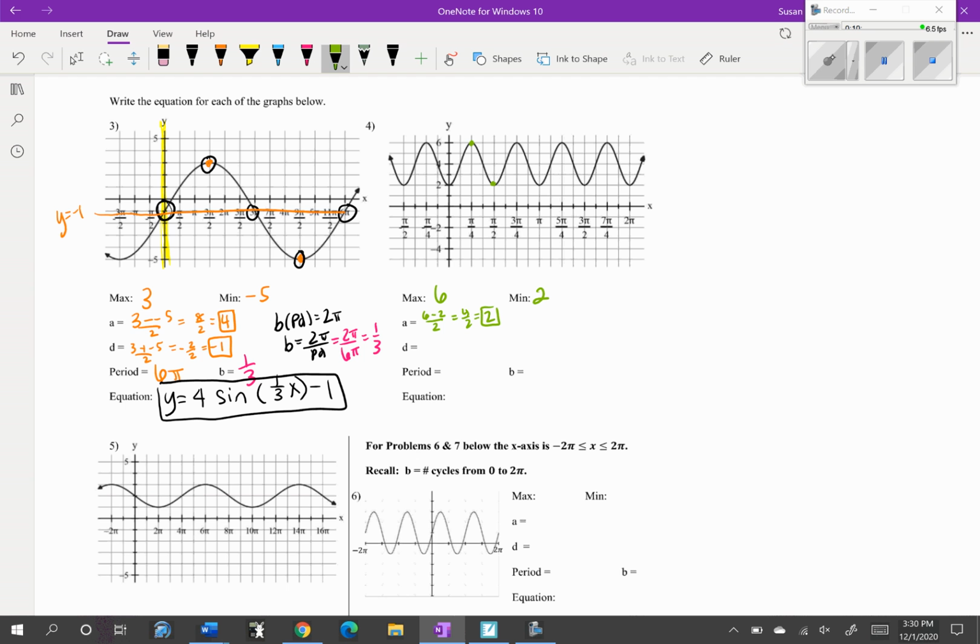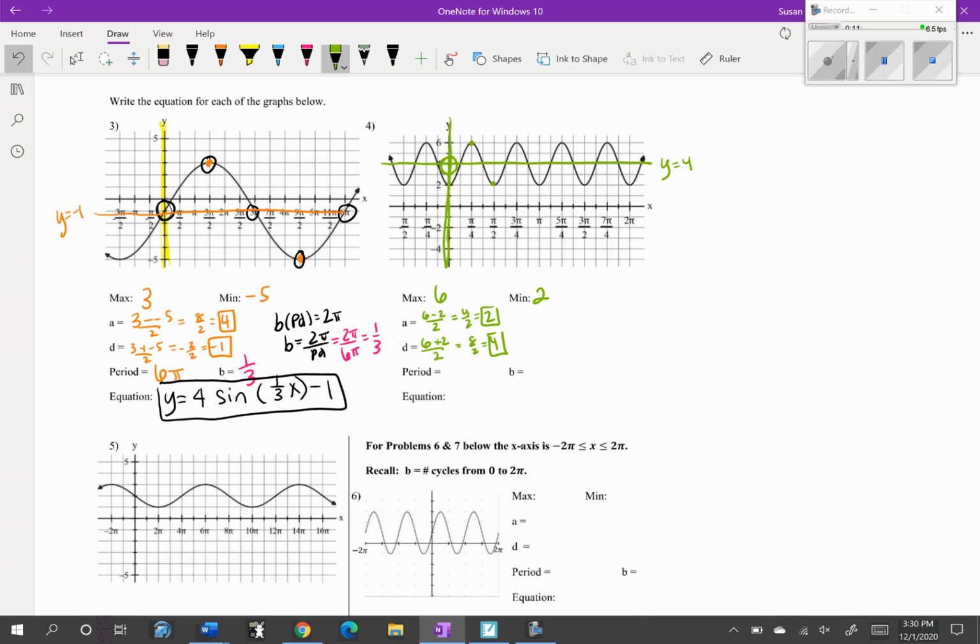And the midline is the average, so the maximum plus the minimum divided by 2, which is 4. And so if I draw my midline on my graph, we get y equals 4, and I should be able to count up 1, 2, and down 2 to get the amplitude, which works.